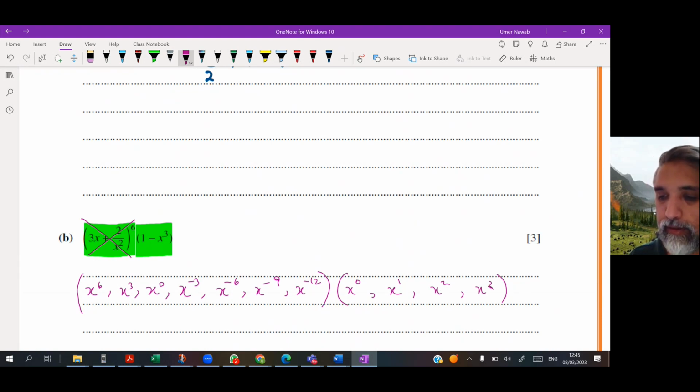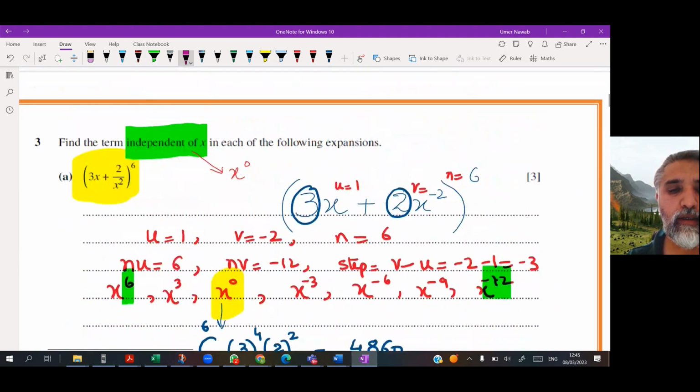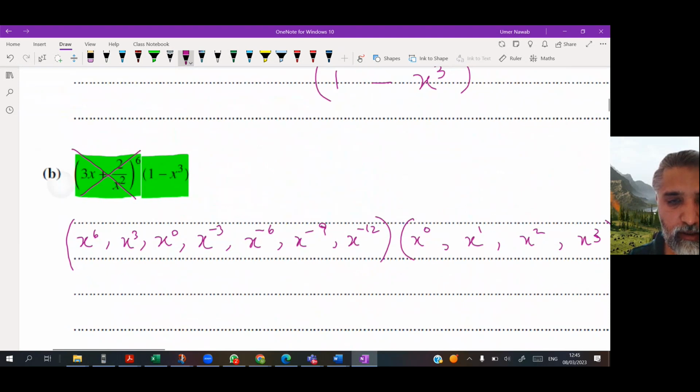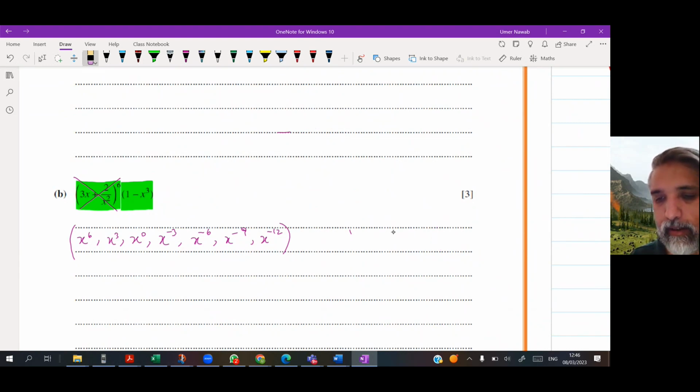I can prove it to you guys. 1 minus x power 3 whole power. Is it 1 minus x whole power 3 or 1 minus x cubed? Quite interesting. I check it again. It's 1 minus x cubed. Oh, it's inside, it's not outside.